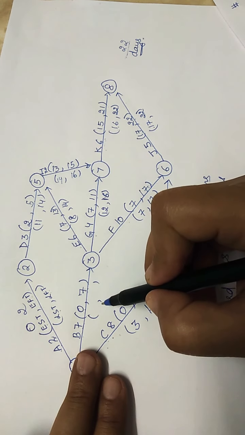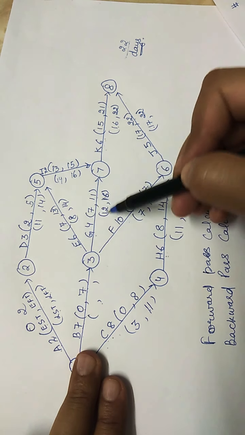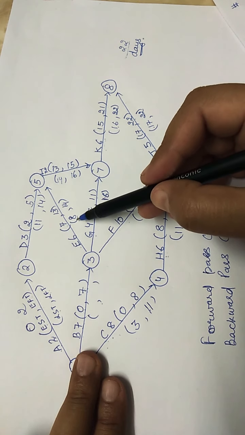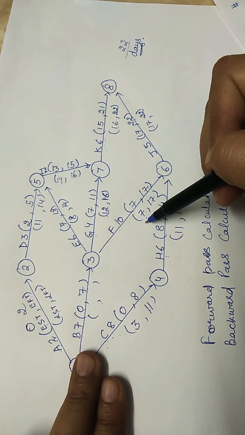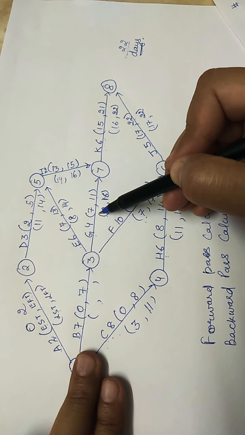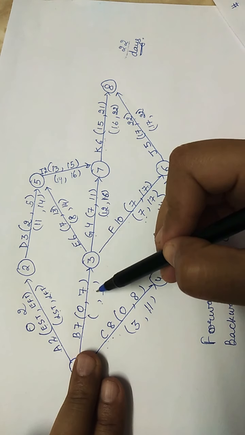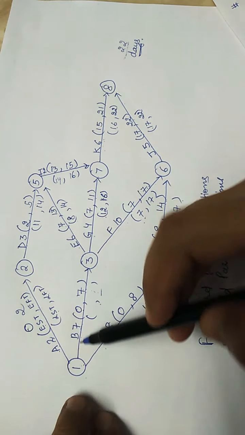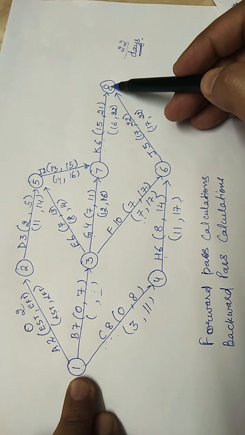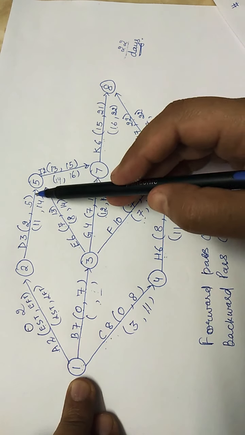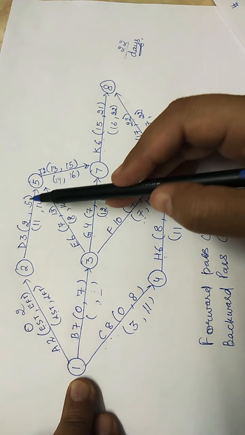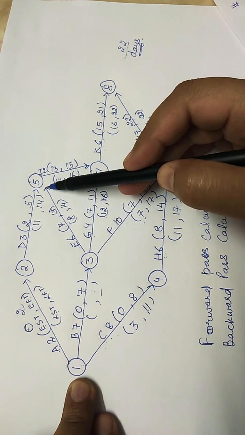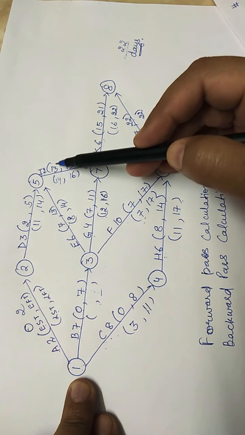See, in this case we have three values, 8, 12 and 7. We have to choose from these latest start times of the following activity what value will be coming here. Now if you recall, when we were doing the forward pass calculation, at that time the maximum value was taken, like in this case 5 and 13 was taken, because both the activities get completed on 13th day.